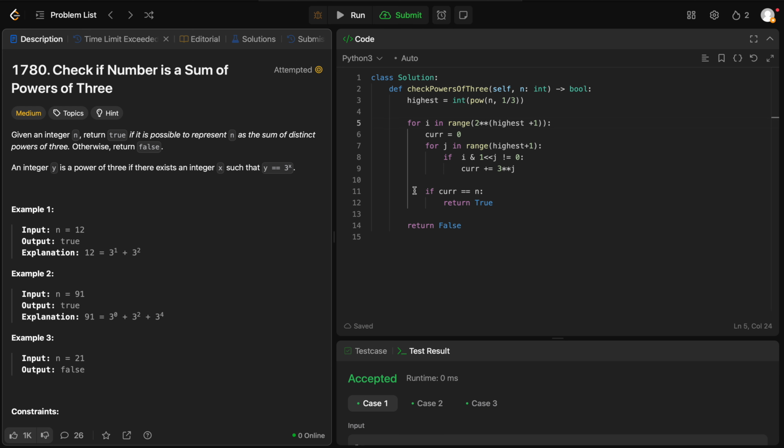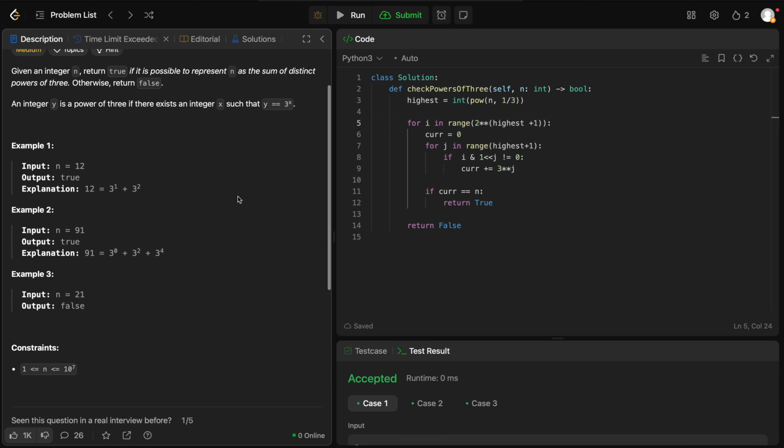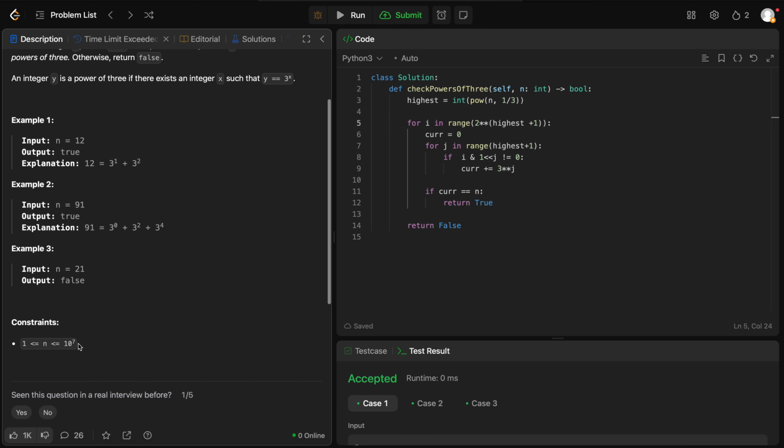This is weird. I thought this would work because in the worst case we have 10 to the 7th. Log base 3 of 10 to the 7th is like 3.